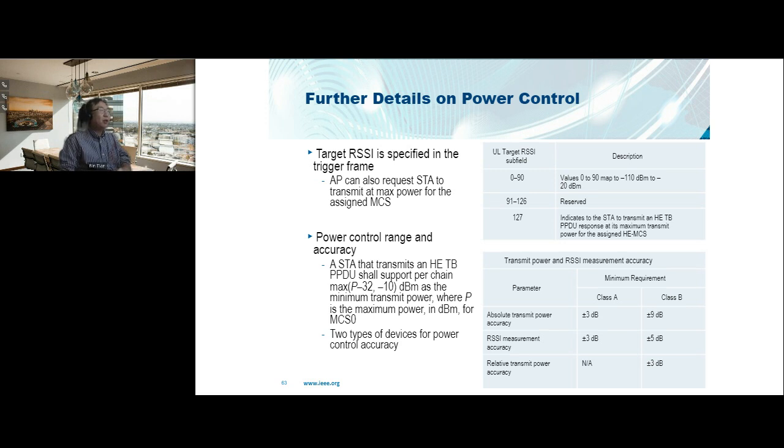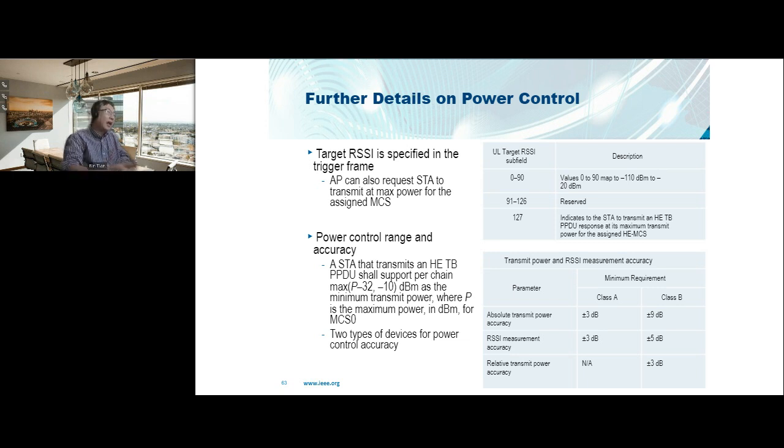The client computes the power for the target RSSI, and even if it transmits at peak power, it finds out it cannot meet the target RSSI. So it needs to tell the AP, by the way, my power headroom is 0. I cannot go higher, so you had better consider dropping my data rate. The other possibility is the opposite of it. The AP power controls the client, the client does the computation and finds out the transmission power is only 0 dBm.